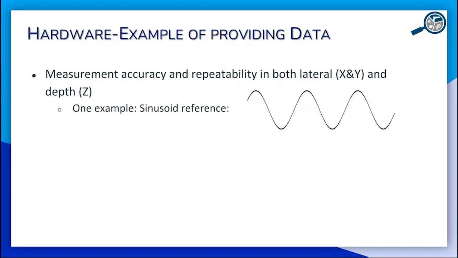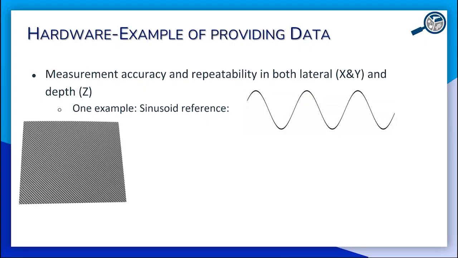If we go back to high school math or geometry, a sinusoid is a sine wave, just a wave of a certain period and height. You can buy a reference sinusoid of a certain height, length and period, then scan this with your 3D instrument. You can then have the 3D instrument measure that and obtain some objective evidence.